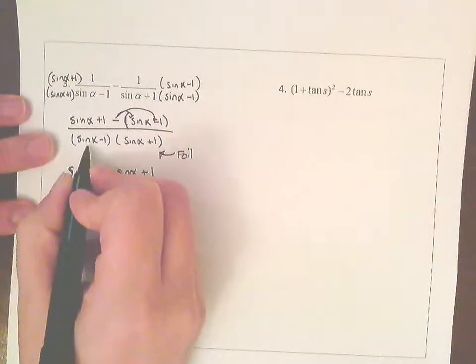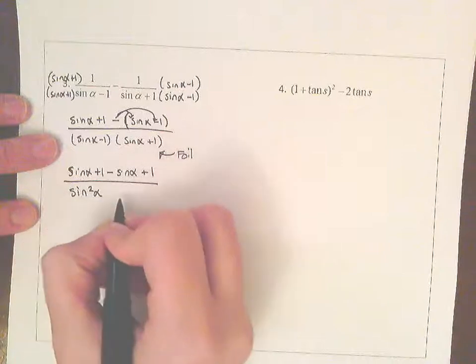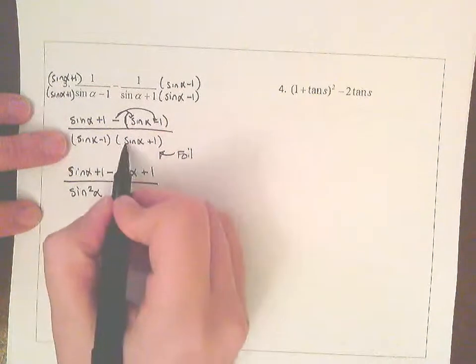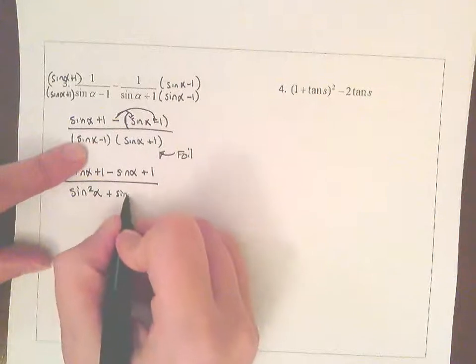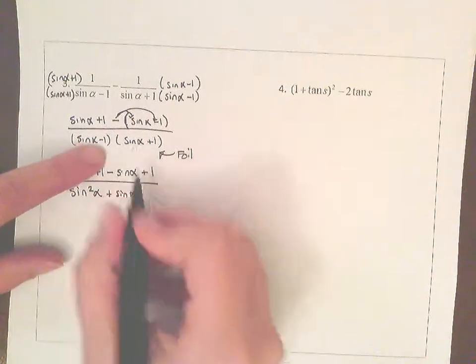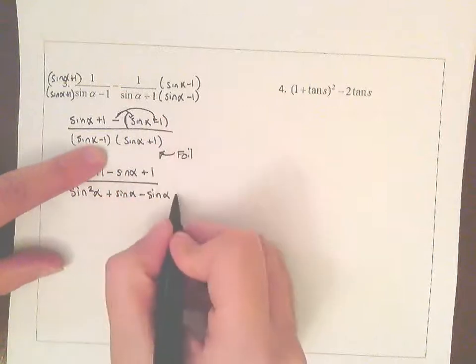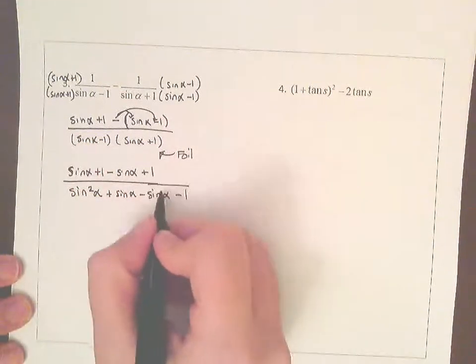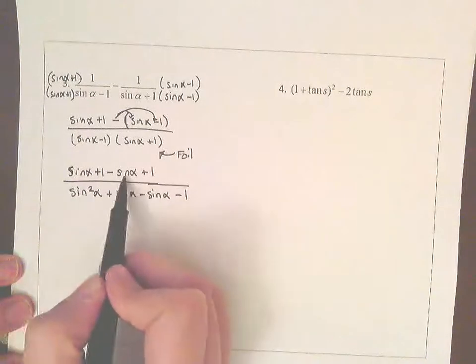And then the bottom portion, when you FOIL this, it becomes sine squared of alpha. That's the first. Outer is plus sine of alpha. Inner minus sine of alpha. And then the last is minus 1. So what do you notice happens to sine of alpha minus sine of alpha?